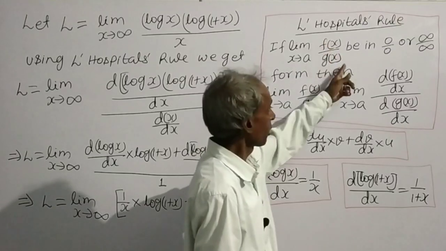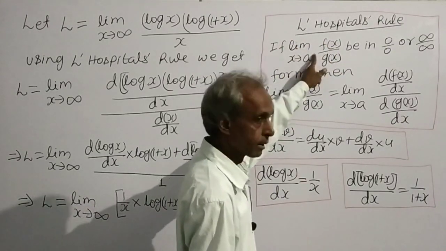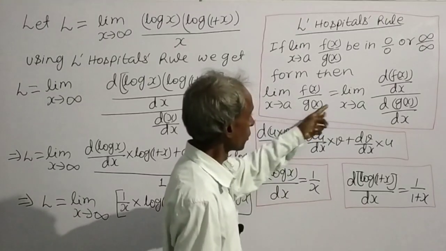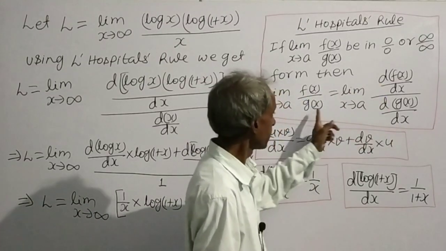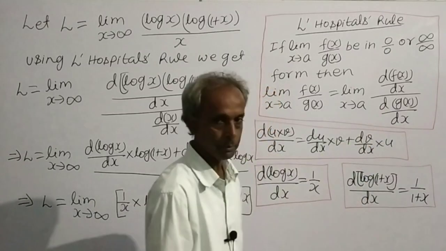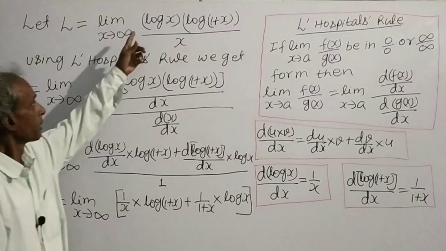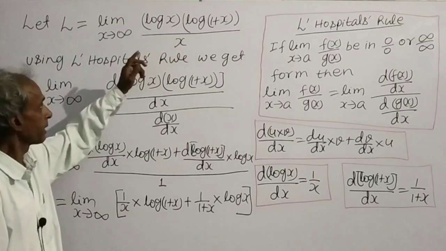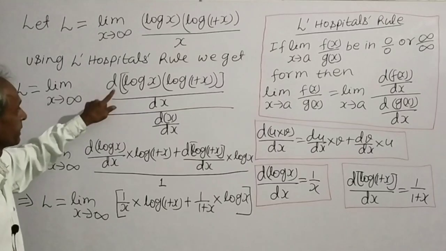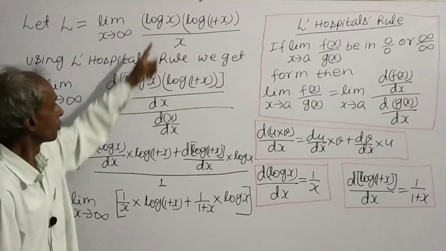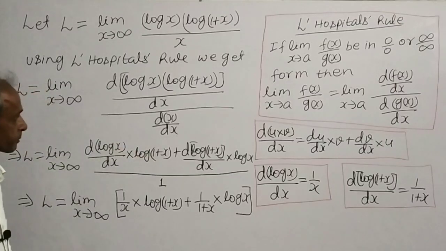This is L'Hospital's rule. This limit is equal to limit of derivative of numerator by derivative of denominator. Therefore, we apply L'Hospital's rule in this limit and write derivative of numerator by derivative of denominator.